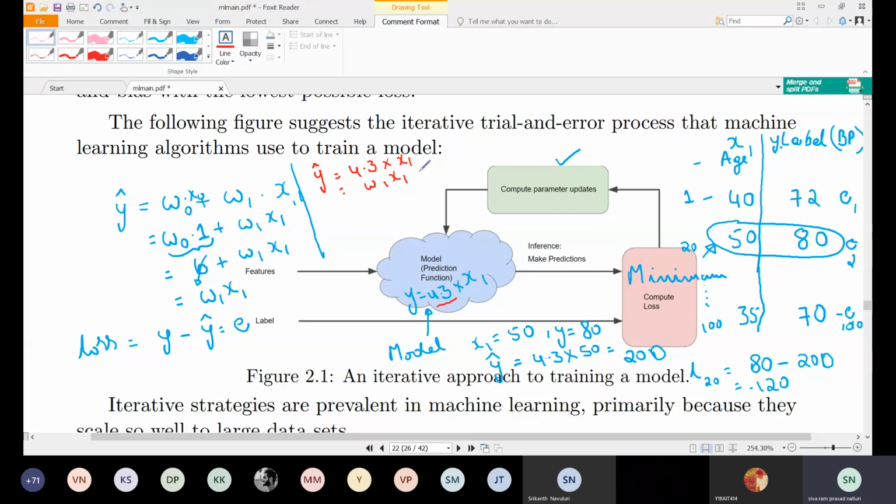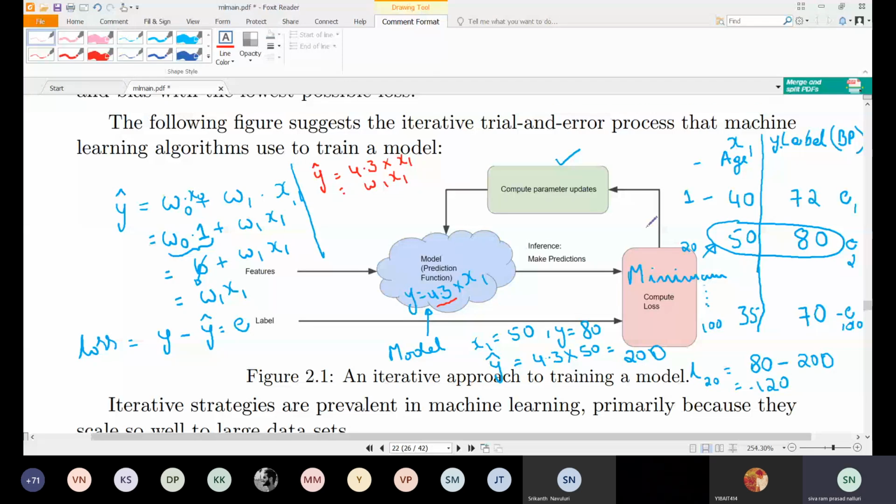Whereas the first person has BP 72, second person some other value, 20th person 80, and 100th person 70. So you calculate the loss.